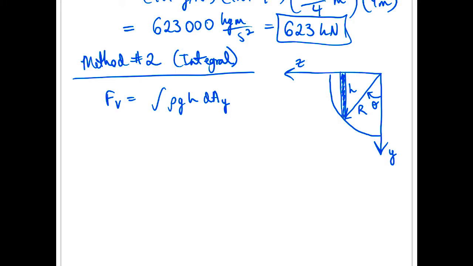I'm going to use cylindrical coordinates because it's a bit easier, but I'll walk you through all the steps. So firstly, to substitute into this, we'll note that dAy is just a projection in the y direction. So to go from dA, which is along the curve there, to the dAy projection, we're just taking cos theta times dA.